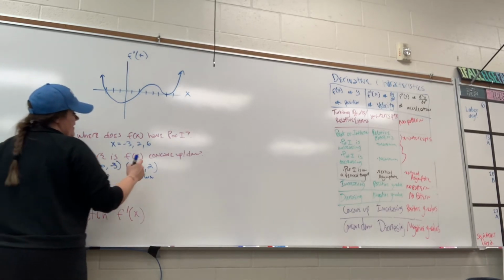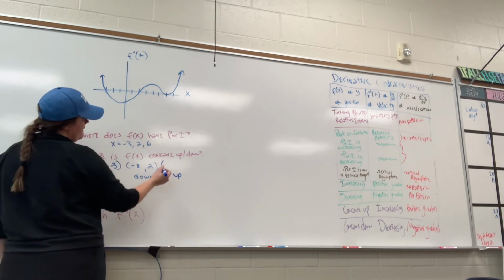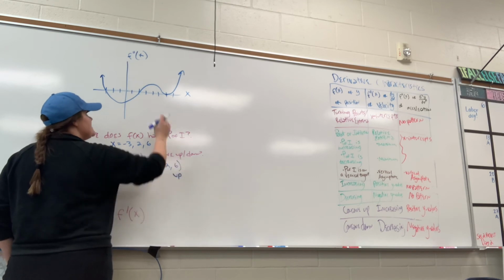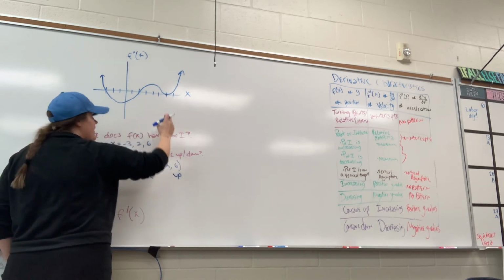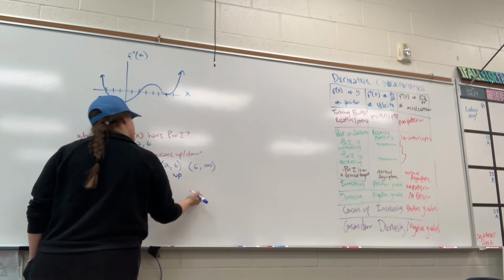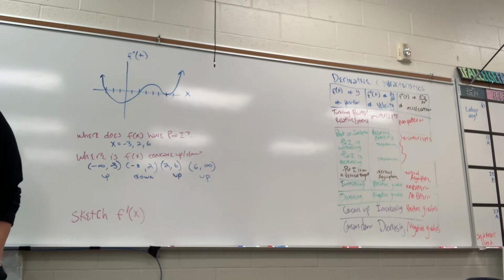All right. Then what? Concave up, right? From 2 to when? 6. Ah, good. Because at 6, it's not positive, right? And then from 6 to infinity, what is it? There's a problem here.